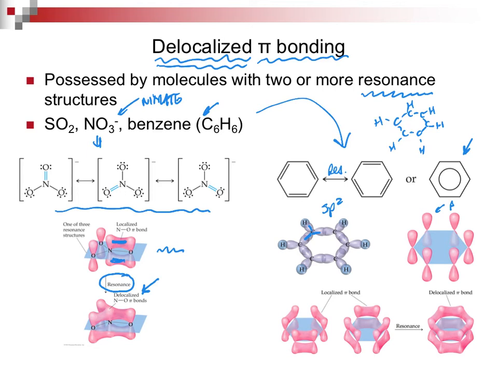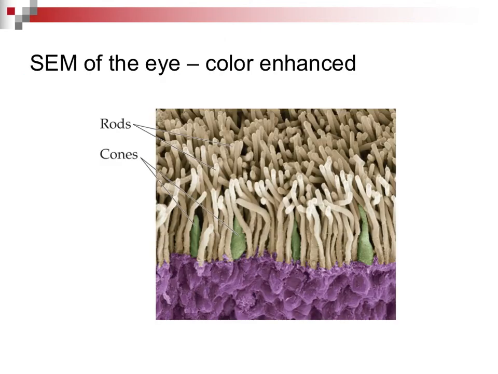If I look at that picture and I move myself over here to the left, you can see there's two different ways to draw what is called a localized pi bond. Since we have some resonance, we can also draw a delocalized pi bond. Now, they'll spend a lot more time on this in organic, but try to grasp it in our class. Ask some questions. It'll put you ahead next semester.